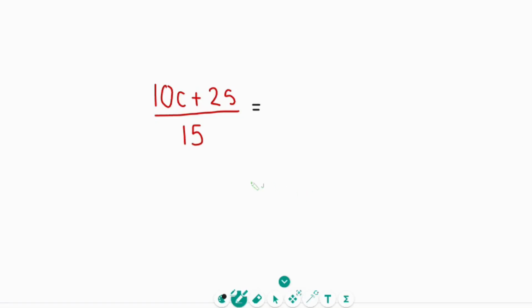Okay, what about when we've got something like this, 10c plus 25 over 15? With algebraic fractions, and this is what people miss when we get into more complicated examples, always try and factorise if you can. So if you're staring at an algebraic fractions question and you can't see what to do, try and factorise it. So this factorises into a single bracket. Not 5c, 5 bracket 2c plus 5.